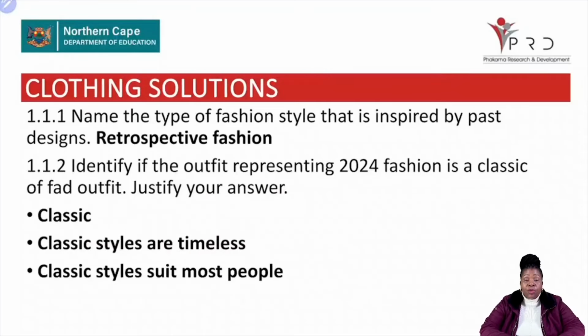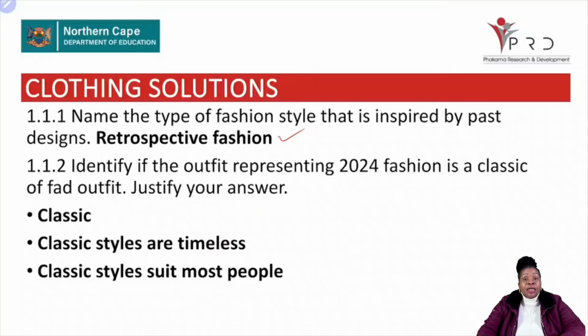So 1.1.1 says, name the type of fashion style that is inspired by past designs. We call it retrospective fashion. This is fashion that is done in retrospect, where the fashion designers look at the designs that were used in the past, and then they design something that could fit well in the current times.